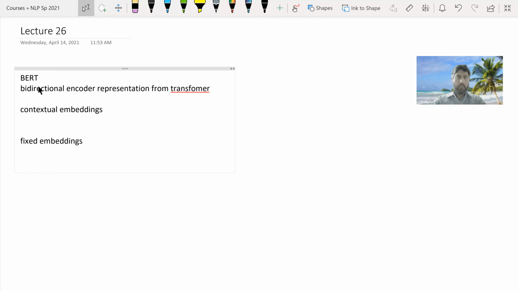Basically, we talked about the transformer last time. So transformer has an attention mechanism, which is, you can say, an attention layer. After that, there might be some fully connected layers or feed-forward layers, and then you might have an output layer.